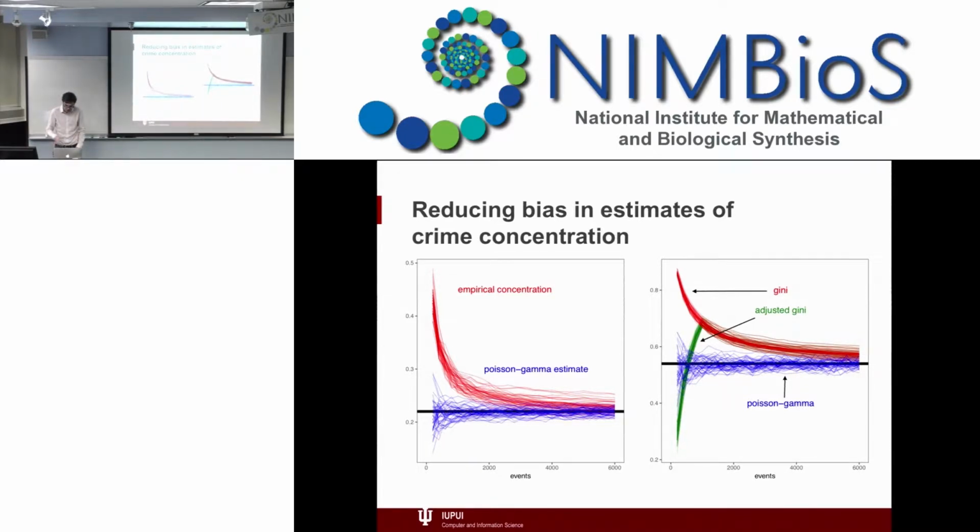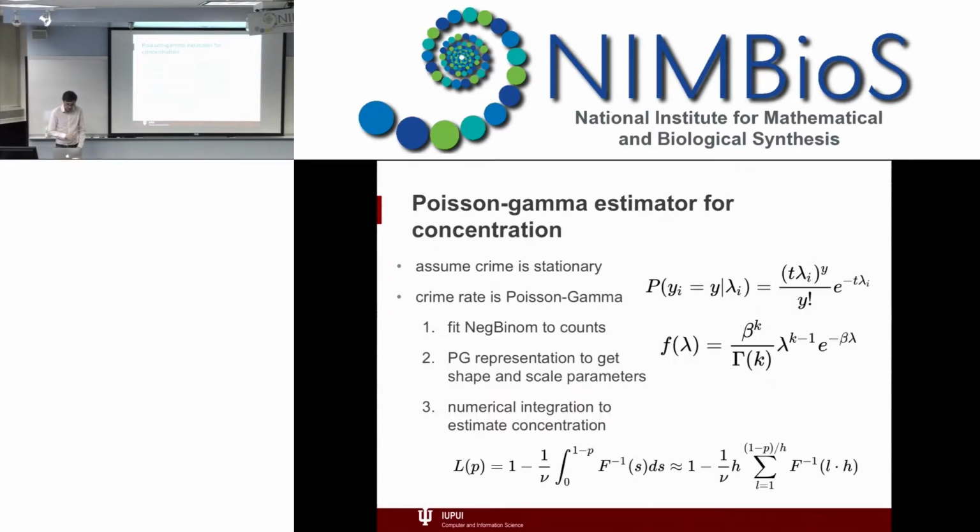So we have a simple method that we've been using to correctly estimate the law of crime concentration. It goes like this. You estimate a negative binomial to the counts of the data. We heard about the negative binomial in the last talk. It's good because it can model over-dispersion in crime data and other types of event data.